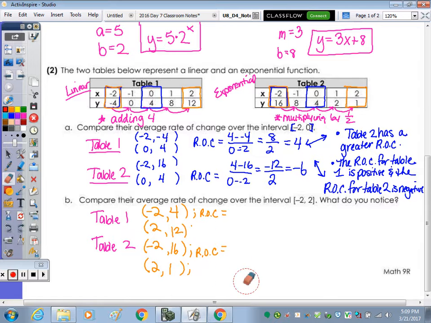Oops, let's get rid of that. I got a little carried away with the rate of change because we're looking at the rate of change for these 2 points. So y2 minus y1 would be 12 minus 4 over 2 minus -2.